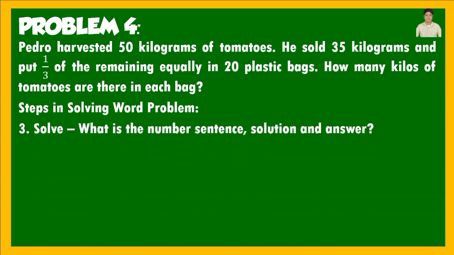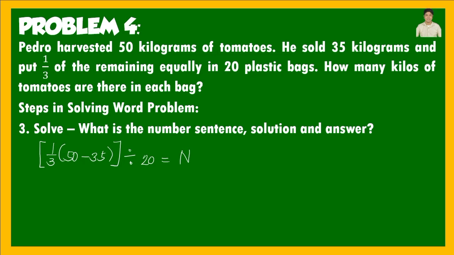So, for our number sentence, ito siya. Bracket muna and then 1/3 ng difference ng 50 and 35. And then, yung nakuha natin doon, i-divide po natin sa 20. Ayan. So, let's start our solution.